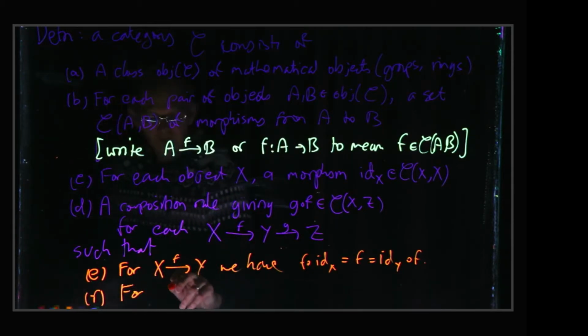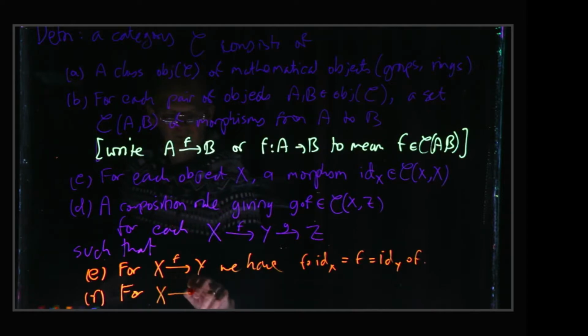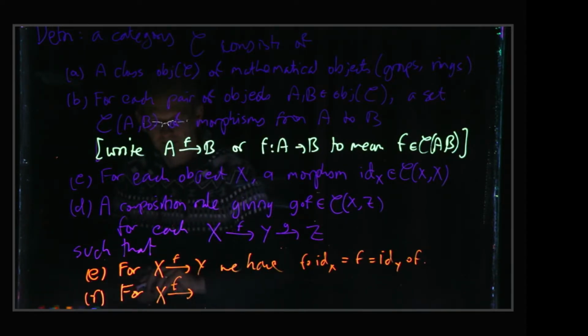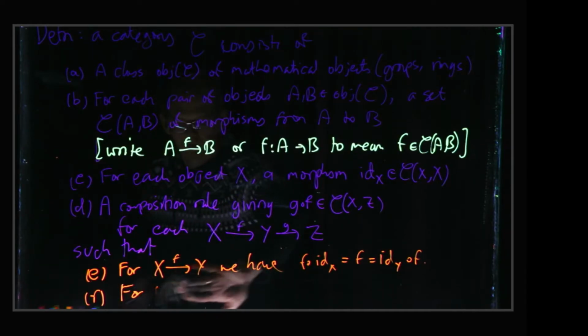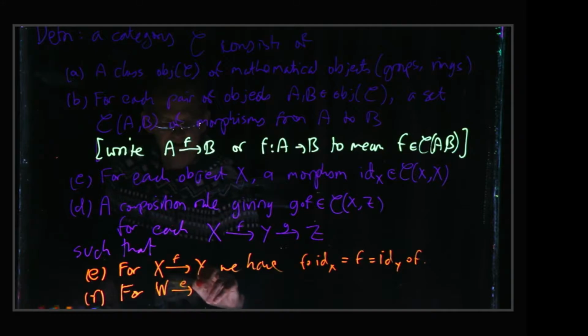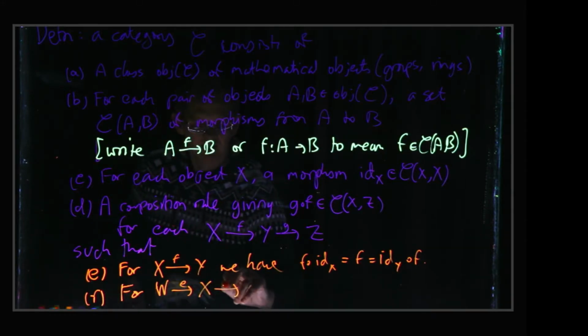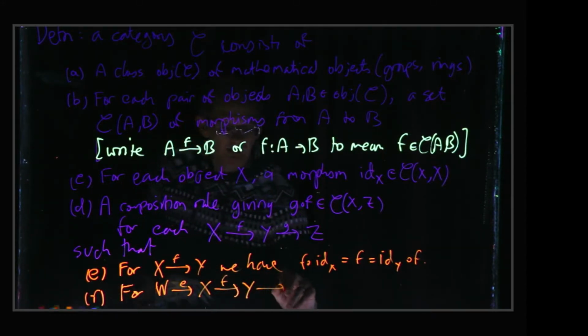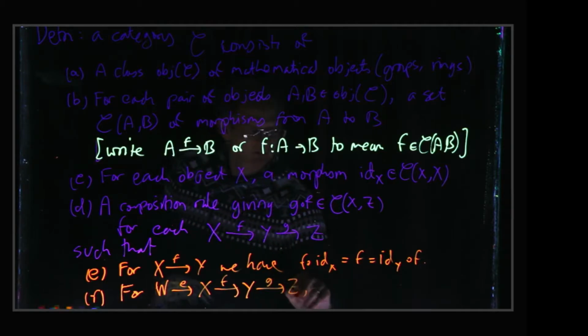And then the final axiom. I've got some, say, W, and then e to X, and f to Y, and g to Z. Okay.